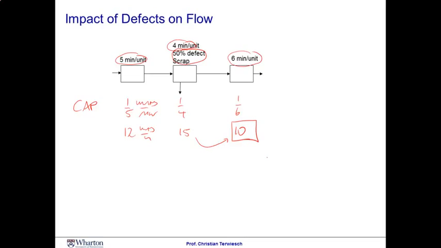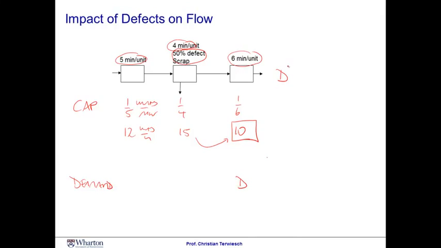I want you to rethink about how we tackled process flow diagrams where we had multiple types of flow units. In this case, we often look backwards and ask ourselves what is the demand for each of the resources that needs to be served. Now assume that we have a demand of D flow units. How many units do we have to be serving at station number 3? We have to be serving D units.